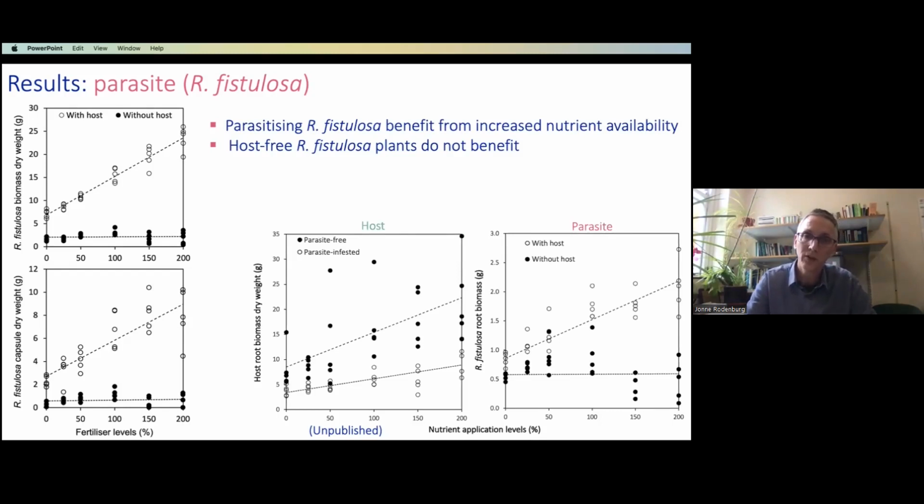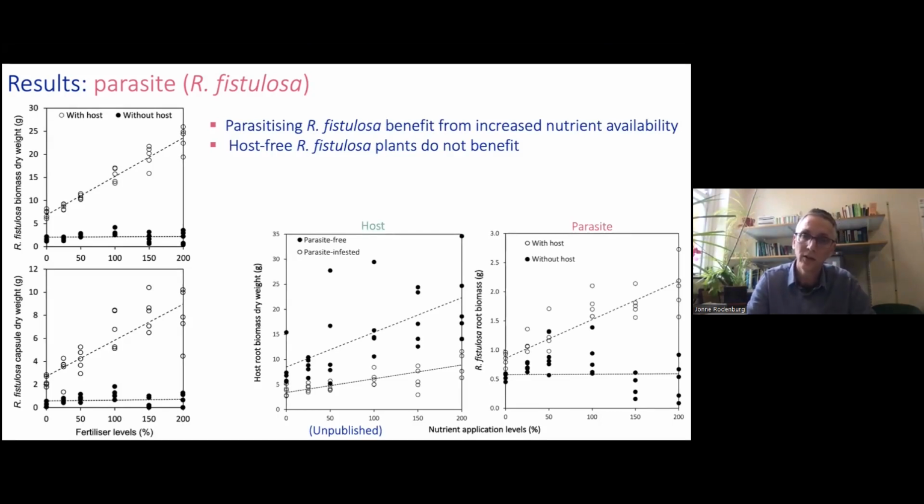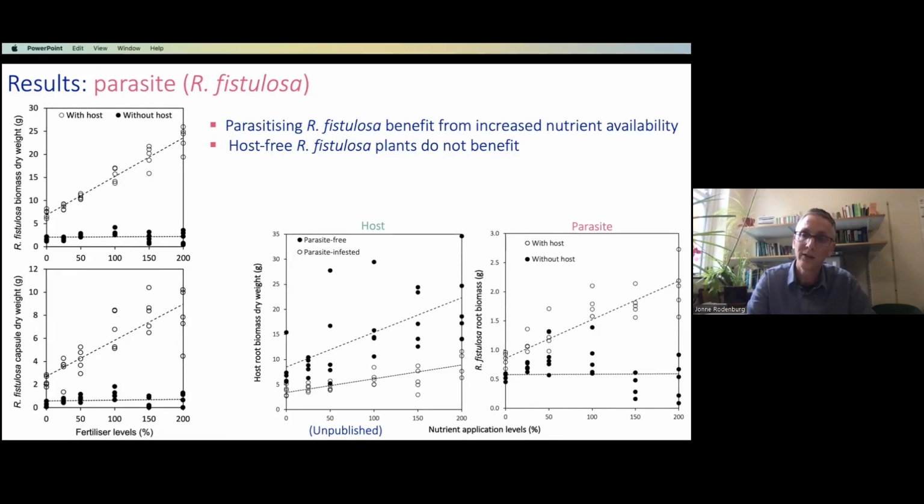And then we also looked at what is happening below ground, and there, for the parasite on the right-hand side, you see exactly what you also see with the above ground biomass: no response for the parasite without a host, and a steep fertilizer response when it is growing with a host.